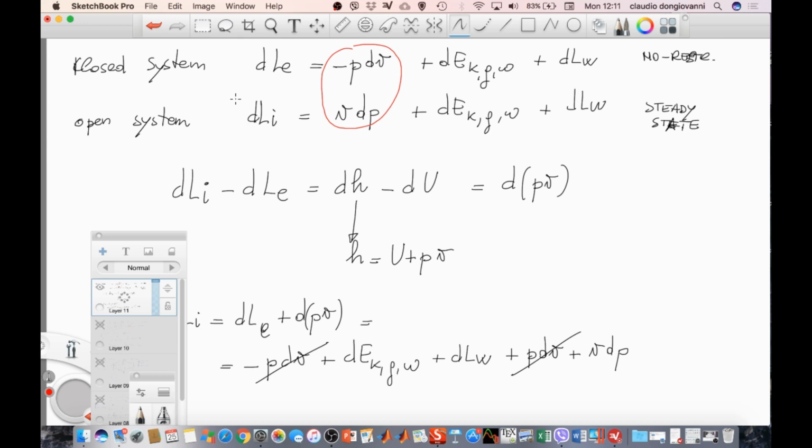The other one for open system, also called the Eulerian form, will be used for dynamic machines, because in that case we can always apply the restriction of steady state. Okay?